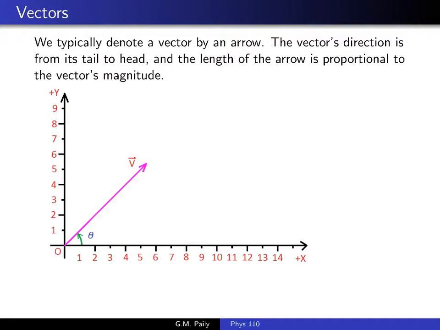So here you would say that v makes an angle theta with the positive x-axis. And again, just a reminder or note, this symbol here is the Greek letter theta and is often used for angles.